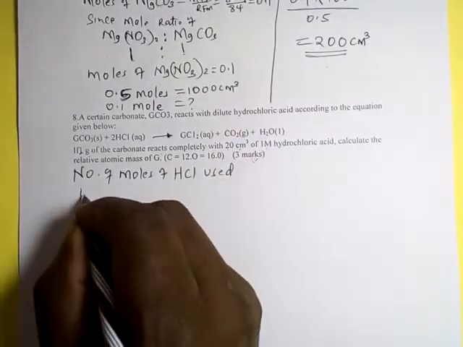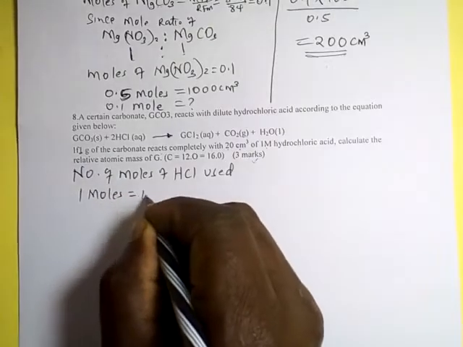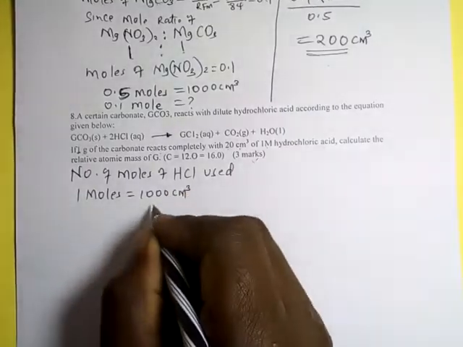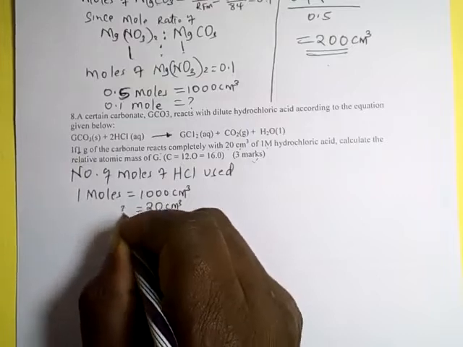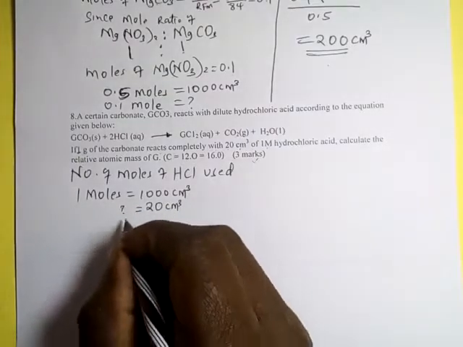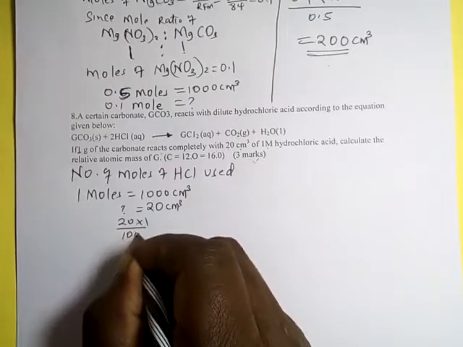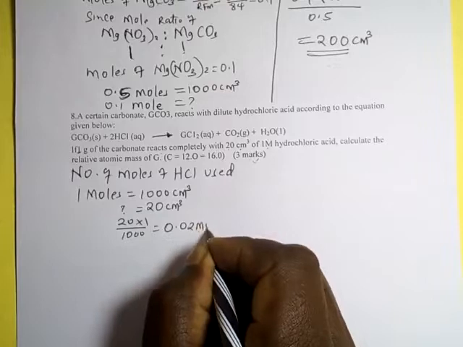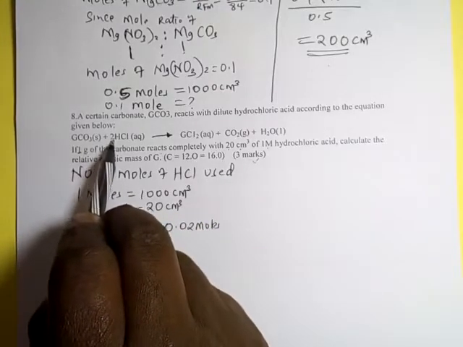We know that the 1 is the number of moles in 1000 centimeters cube. We will ask, 20 centimeters cube of the same will contain how many moles? So that is 20 times 1 divided by 1000. It's going to give us 0.02 moles of HCl. So moles of HCl used is 0.02.